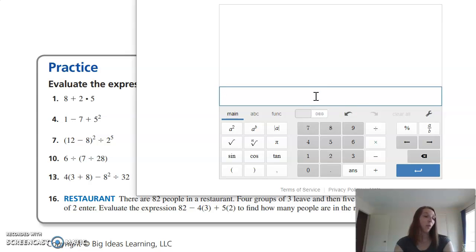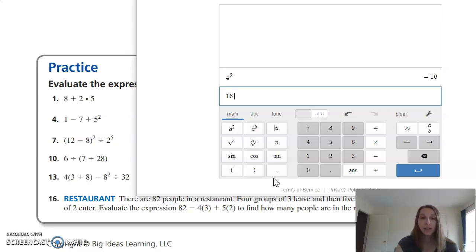The first step is 4 squared. 4 squared, or 4 times 4, is 16. Okay, so we're going to take that 16 and we're going to multiply because you do left to right. So 16 times 5 gives us 80. The last step is to divide.